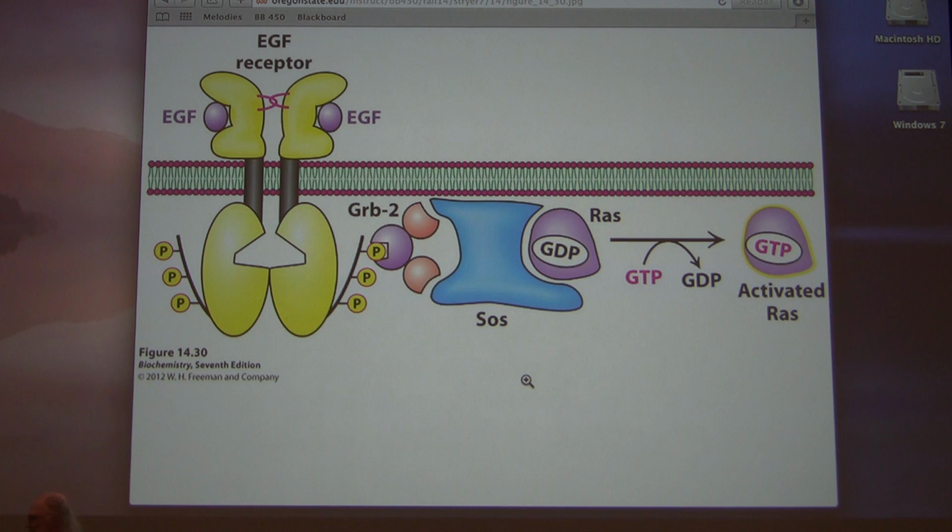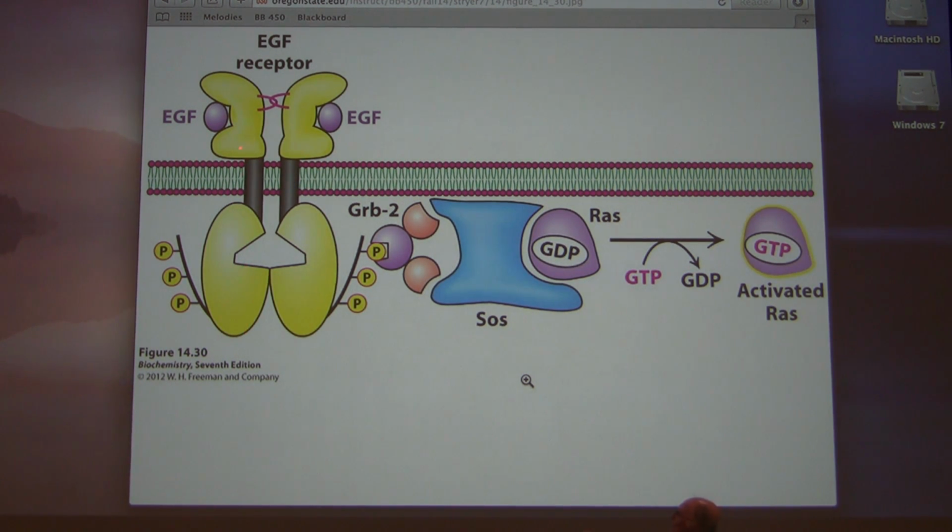There is a big difference, though. One of the big differences with the epidermal growth factor receptor is it does not normally exist as a dimer in the membrane. It exists as a monomer. You see it as a dimer here because this receptor has bound to epidermal growth factor.